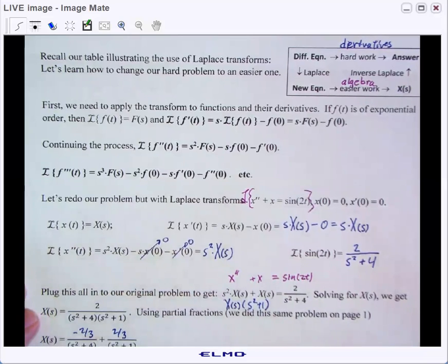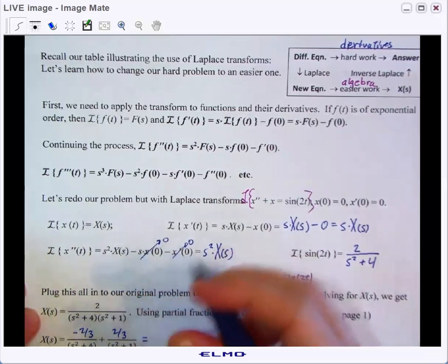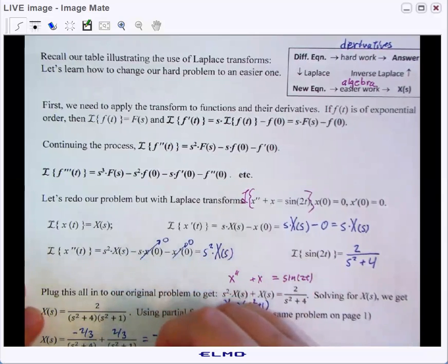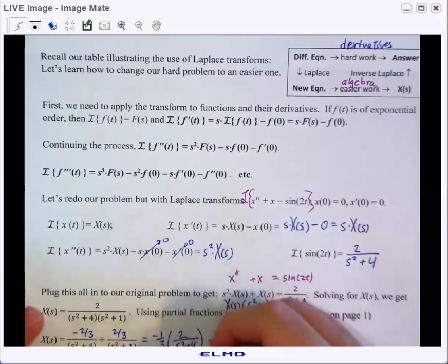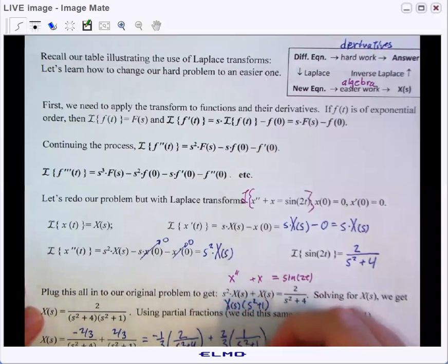Or if I wanted to, I could write this as negative 1/3 times 2 over s squared plus 4 plus 2/3 times 1 over s squared plus 1.